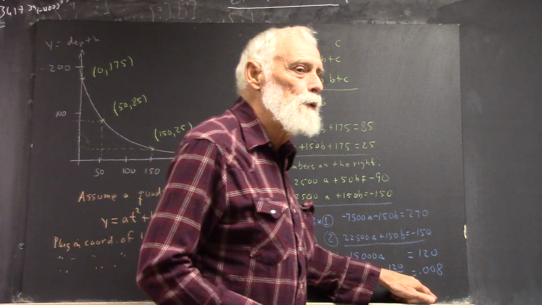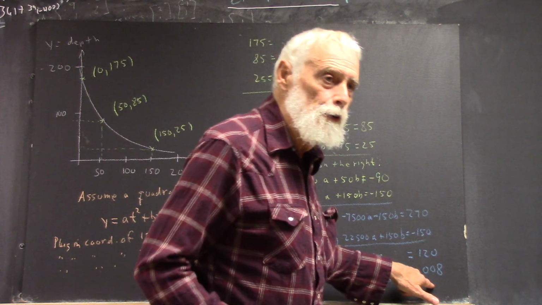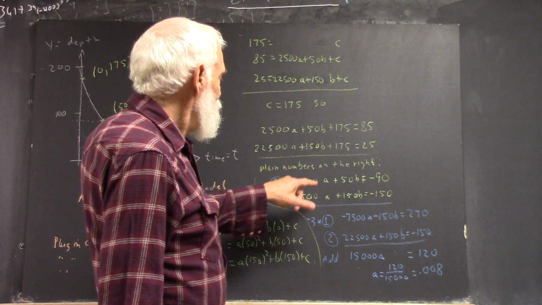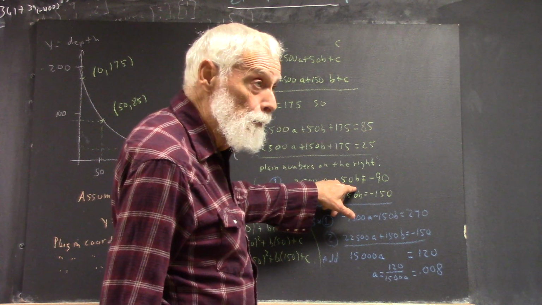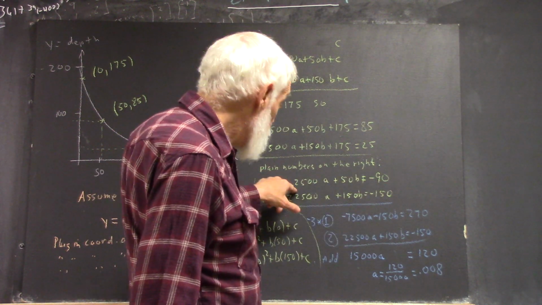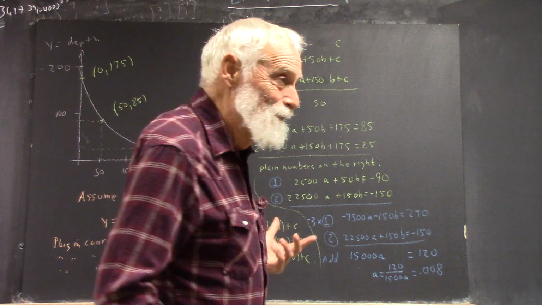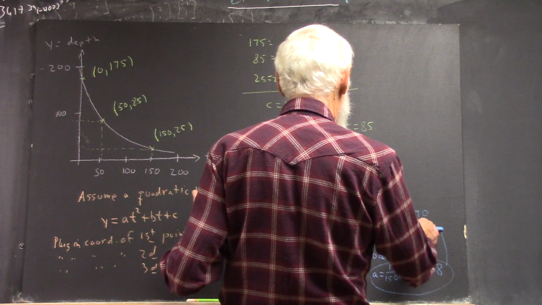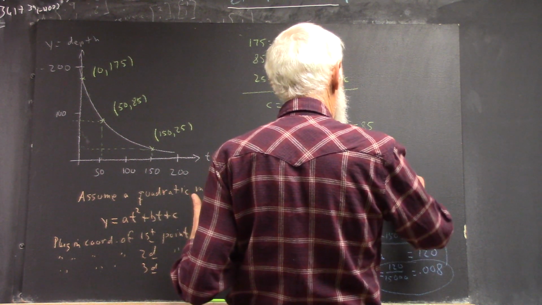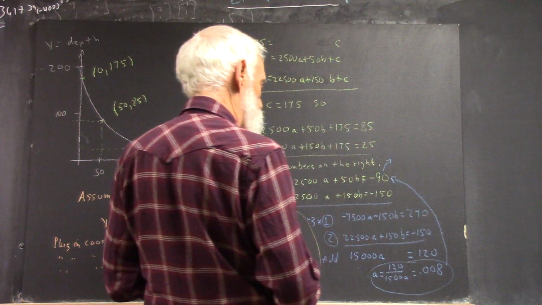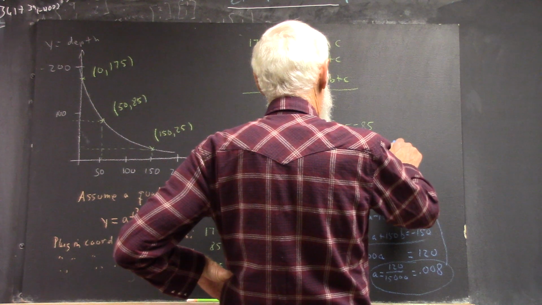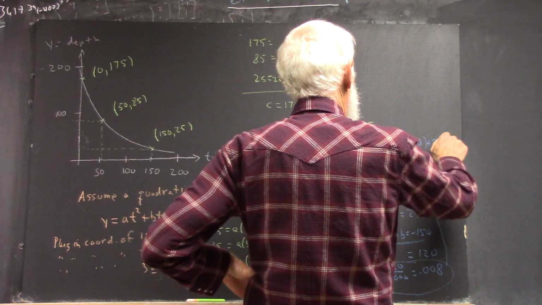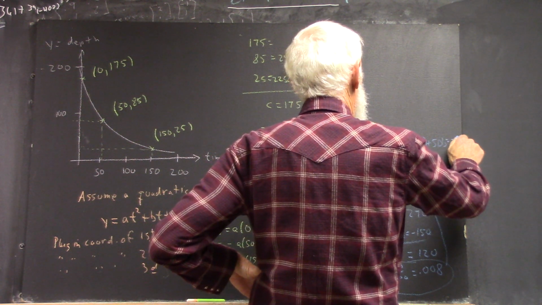Okay, so what do we do with this? We've got a equals 0.008. Well, if I plug that into either one of these equations, it's going to give me a number here, and I'll be able to solve for b. I'm going to plug it into this equation because the numbers are small. It wouldn't matter. So I take this, bring it up here, and plug it into this equation, and that gives me 2,500 times 0.008 plus 50b equals negative 90.